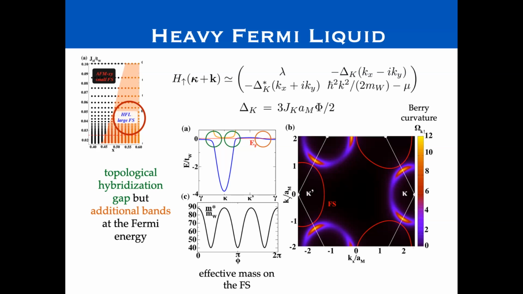Okay, but it's not truly anything to be quantized because you actually have a band crossing the Fermi energy, so it's actually metallic, though you have these topological gaps opening. Okay, so you won't have any quantization, but you could have interesting edge modes that would maybe not be protected, for example. Okay, and you see this mass generalization over the entire Fermi surface, and this anomalous Hall effect is due to this very curvature distribution I'm showing you on the very right.